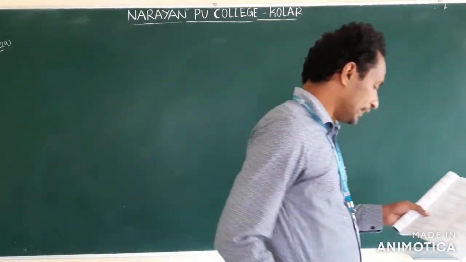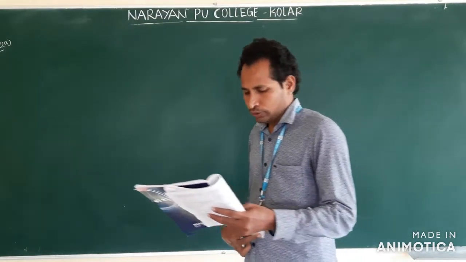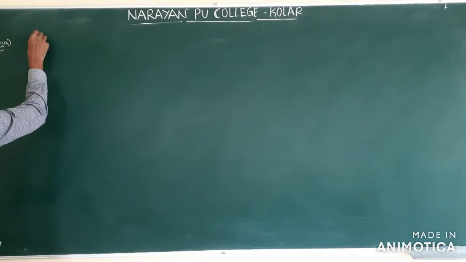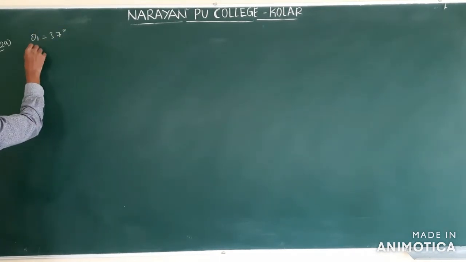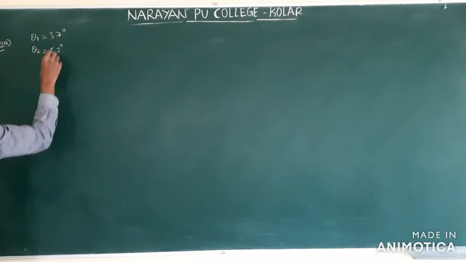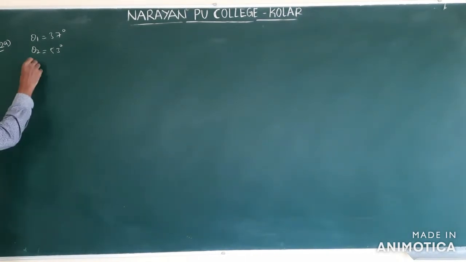The two particles are identical, with the same kind of charge. Theta 1 is equal to 37 degrees, theta 2 is equal to 53 degrees.